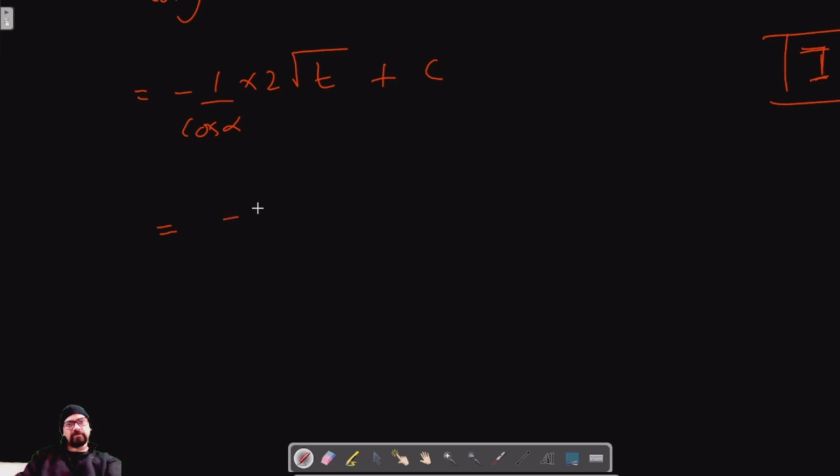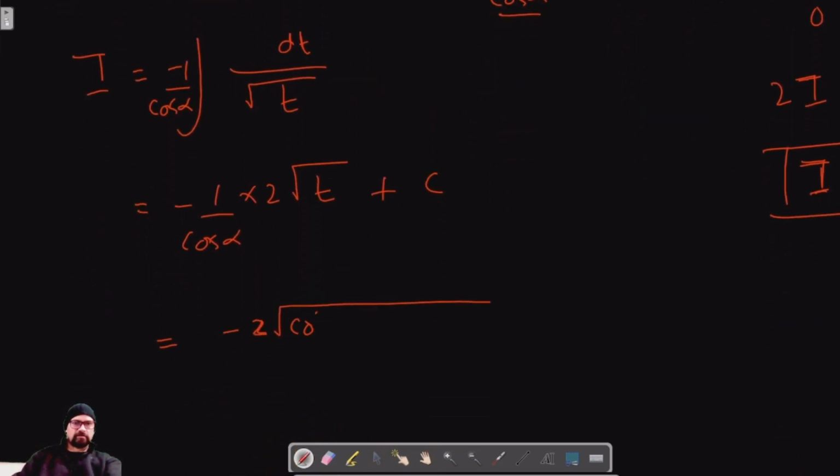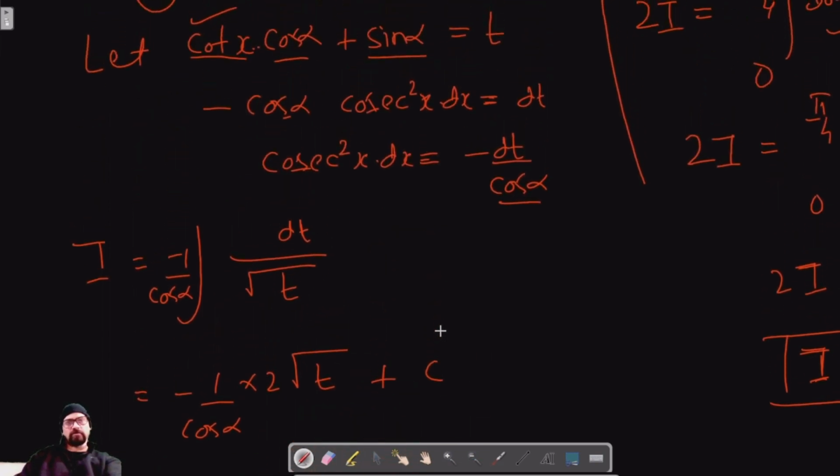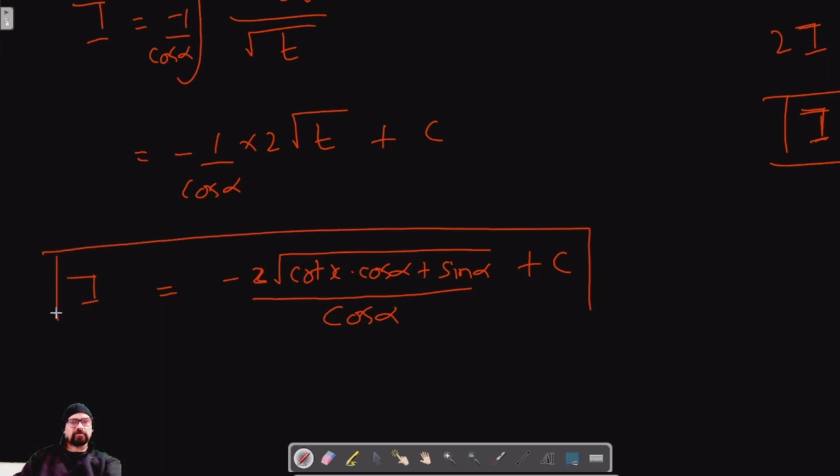Finally, we can replace the value of t, which was cot x into cos alpha plus sine alpha, upon cos alpha, plus c. And this is our integration.